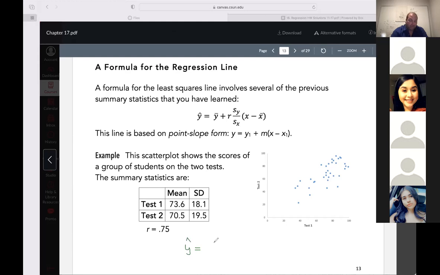What's Y bar here? They give me lots of information here. 70.5, because test 2 is your Y value. So 70.5 plus, what's the slope?